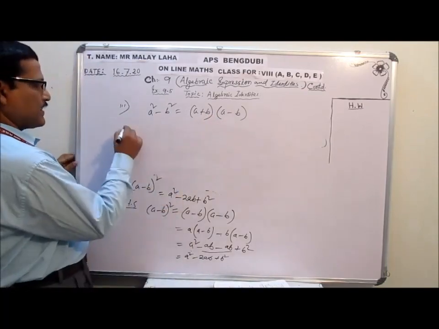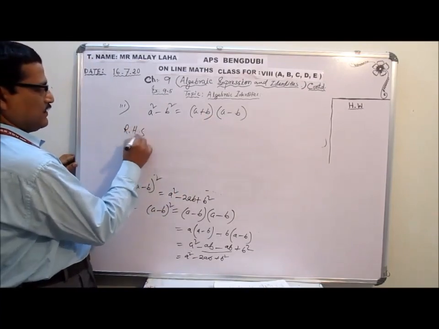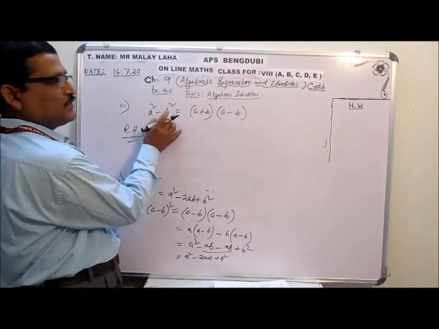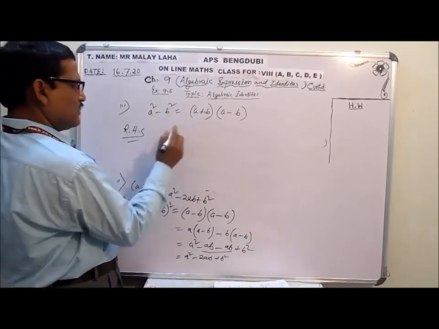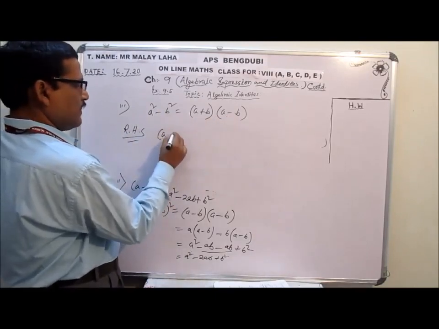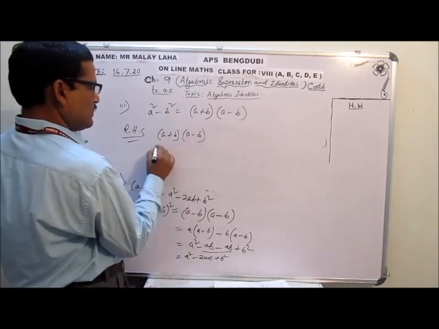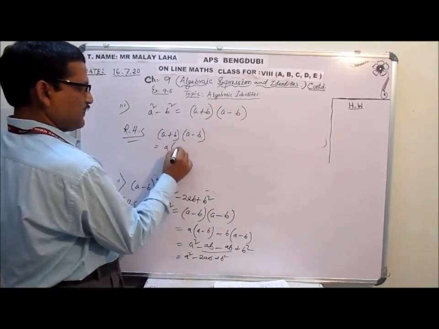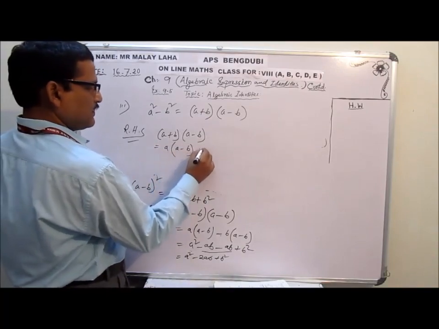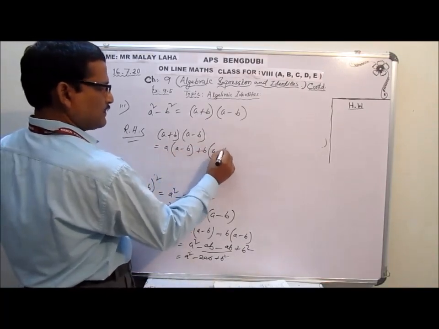So taking RHS, because already it is a reduced form, this is the expansion. I will write down here (a plus b) into (a minus b). That means one is fixed: a (a minus b) plus b (a minus b).